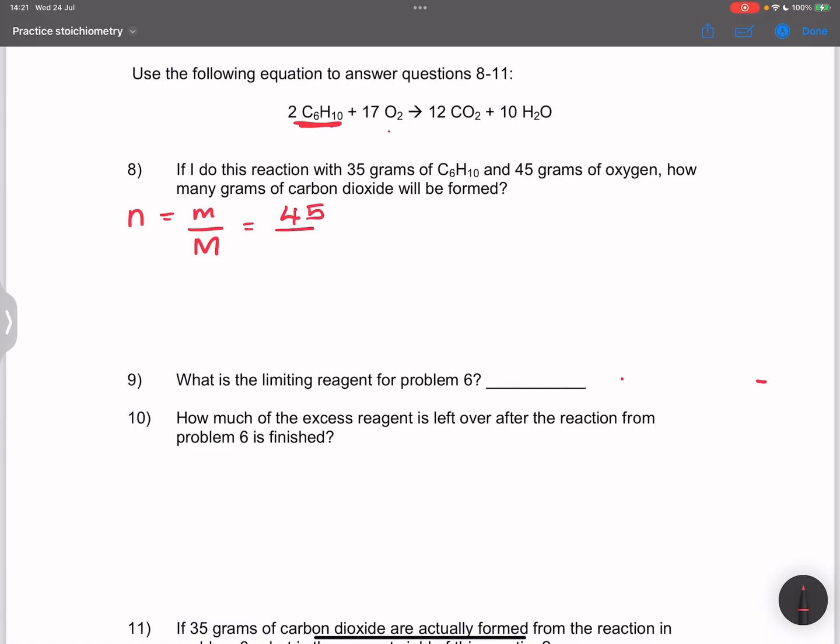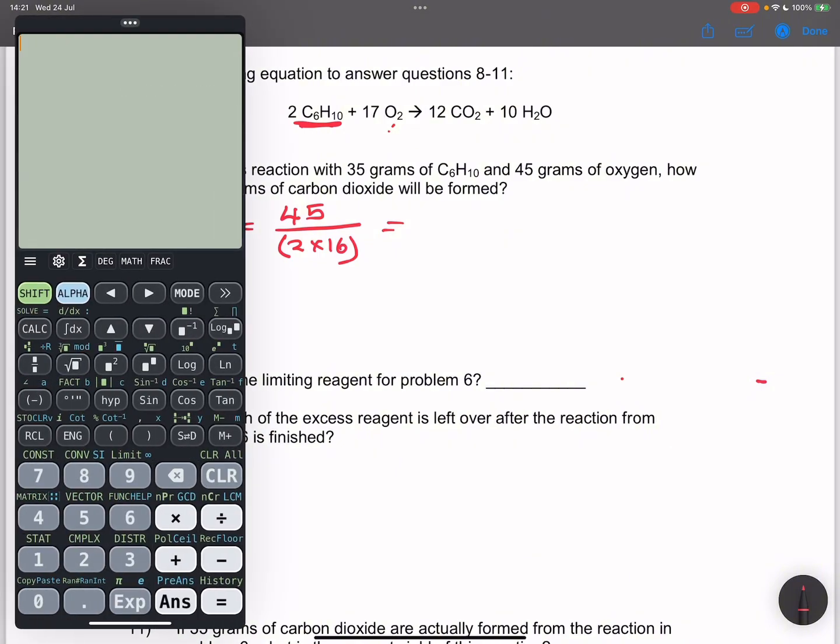We said that was 45 divided by, remember, oxygen is 2 times 16. I actually forgot what that number is. I'm getting old. So that's 45 divided by 2 times 16. We got 1.41, so that was 1.41 moles.